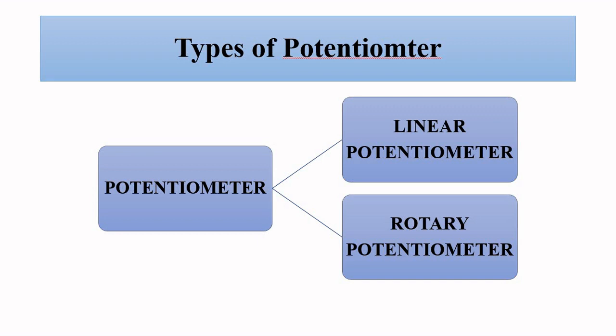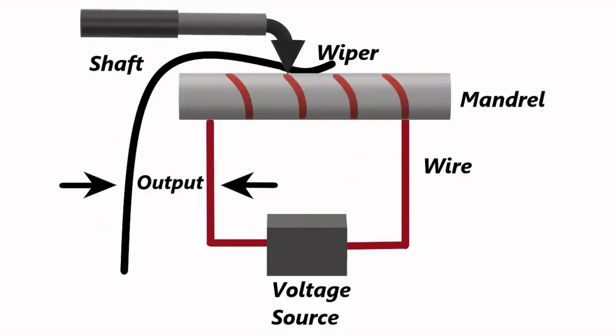So the basic design, the basic construction, is something like this. The basic element of the potentiometer is first a mandrel, which is basically an insulated conductor with a number of turns of wire wound over it.